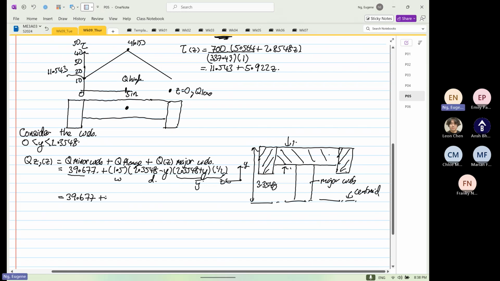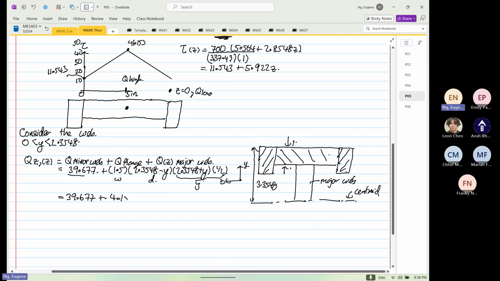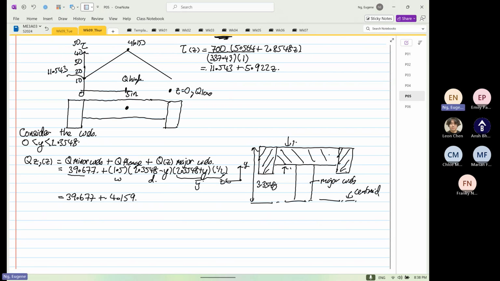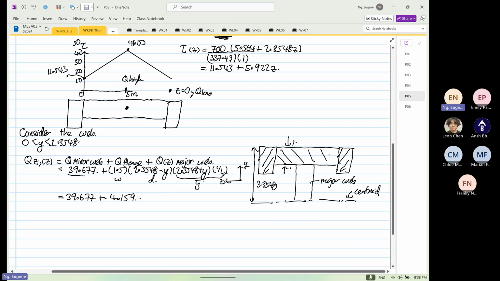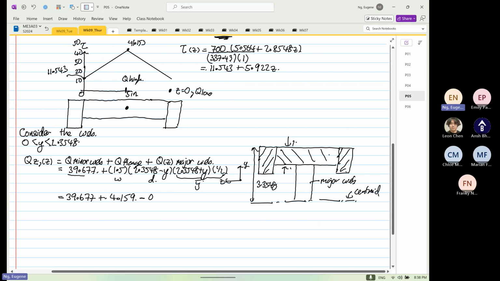39.677 plus 1.5 times 0.5 times 2.3548 squared. So it's equal to 4.159. Let me do it again. Yep. Okay. And then minus 1.5 times 0.5, 0.75 y squared, right?